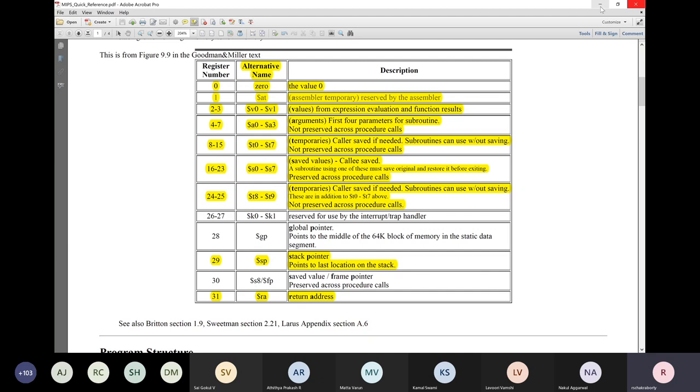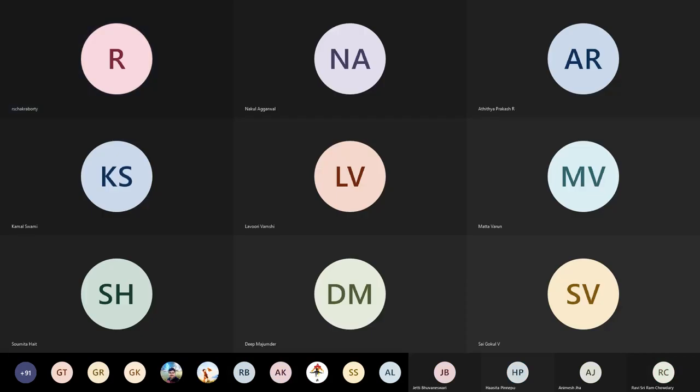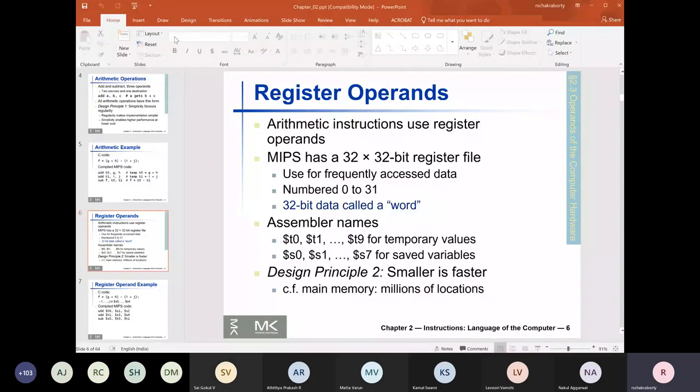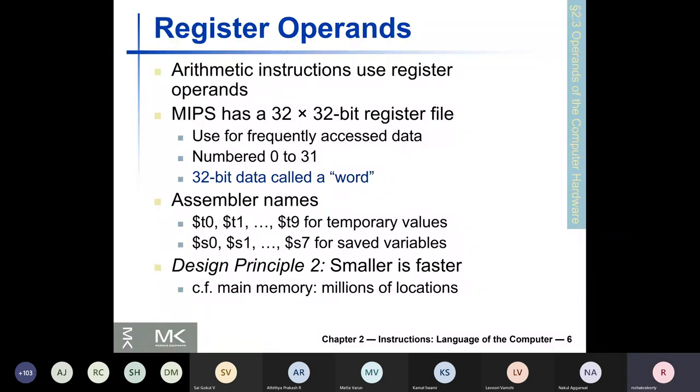Okay. Now let me get back to the slide. So when MIPS was designed, there were other types of microprocessors in the market.